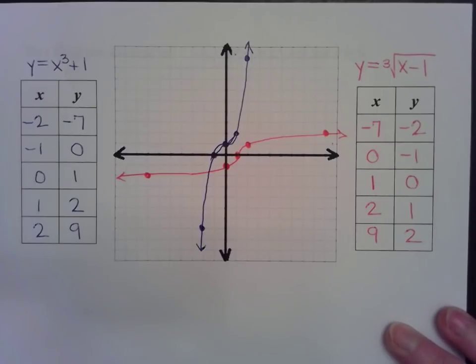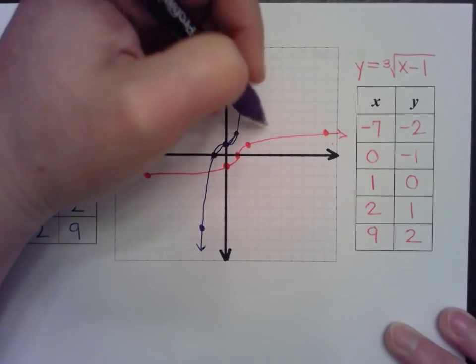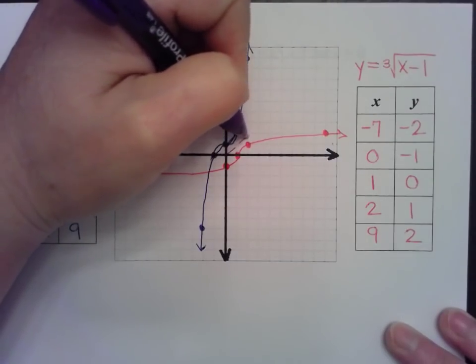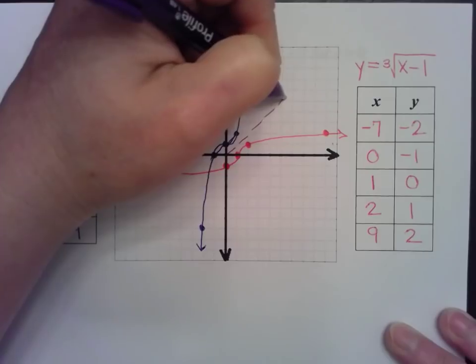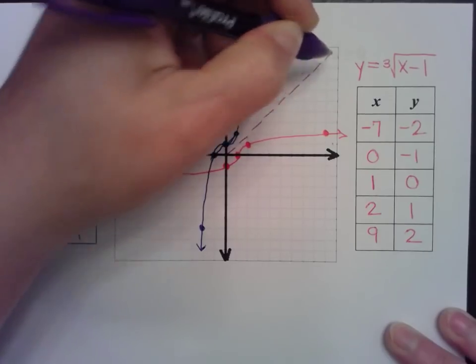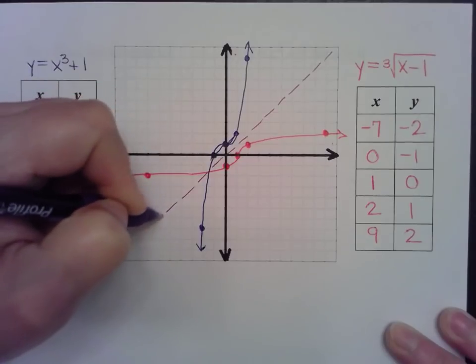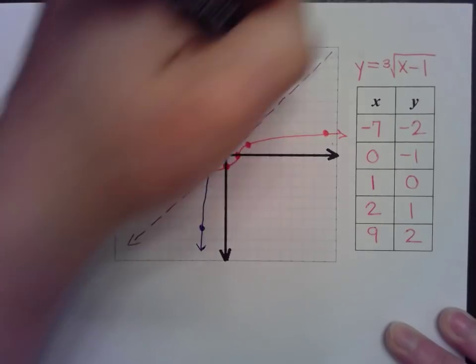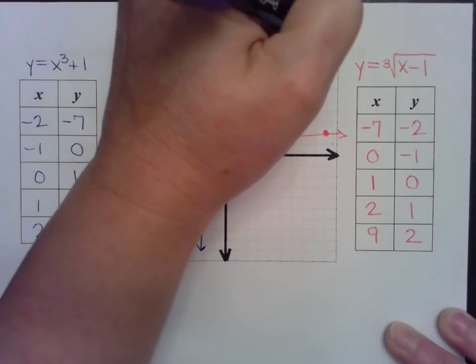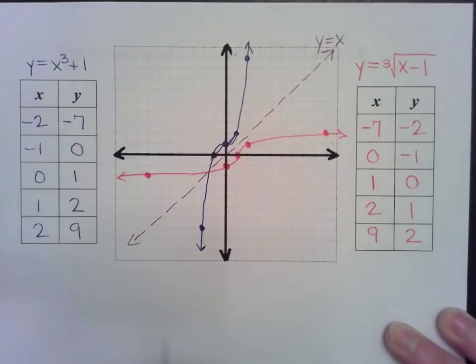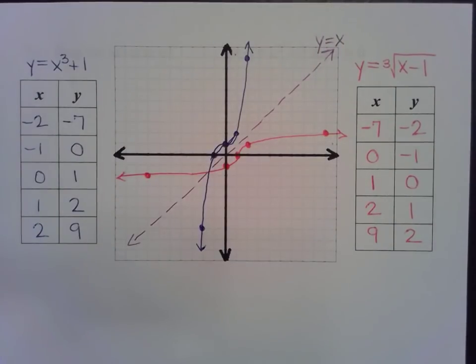So not only are their points flipped, but the whole graph is a reflection over this diagonal line where y equals x. This is very much related to the fact that the roles of x and y are reversed for a function and its inverse.